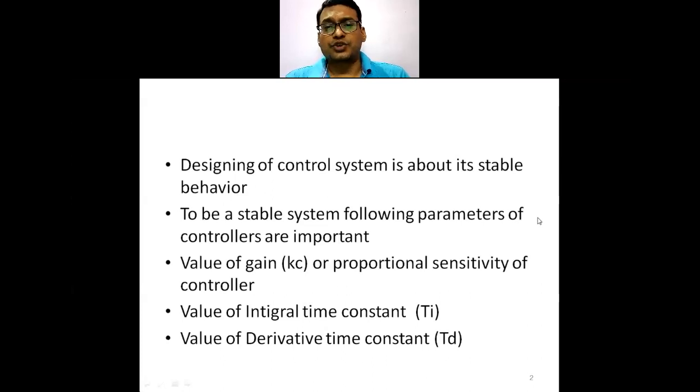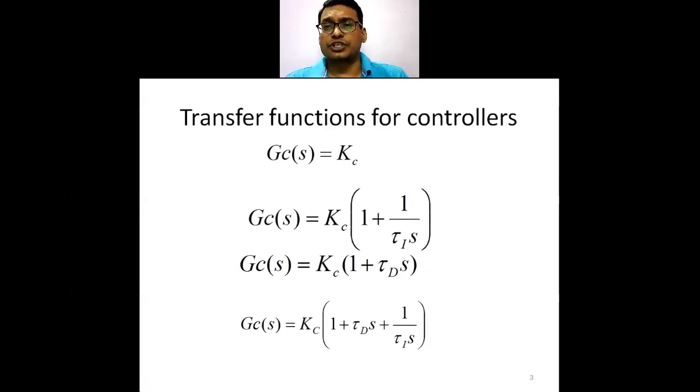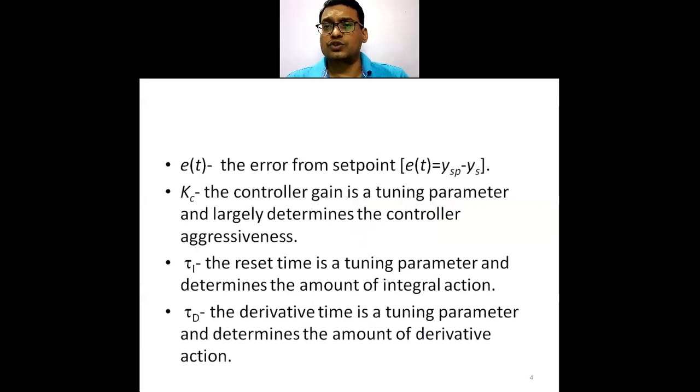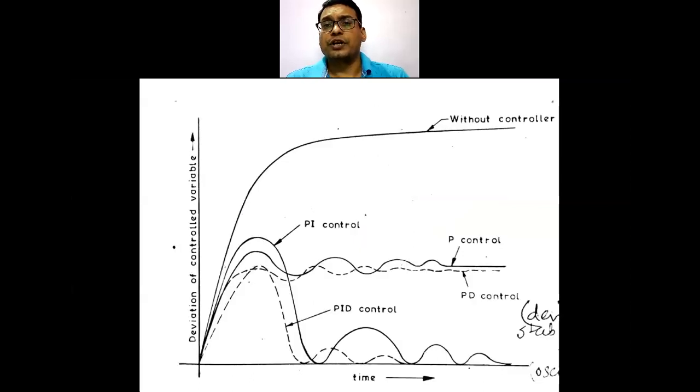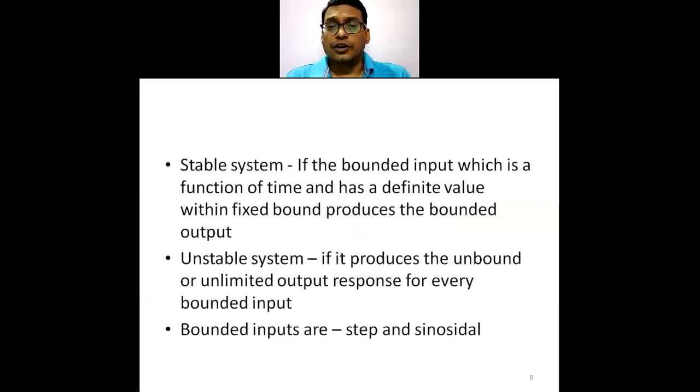That depends on your gain value or the proportional sensitivity of a controller, the integral time constant, and the derivative time constant, that is, the transfer functions for the controller values, and whether the system is stable or unstable. That means you have to understand bounded input.